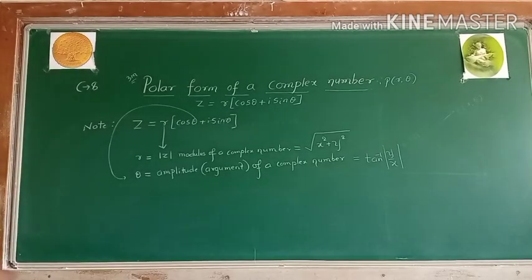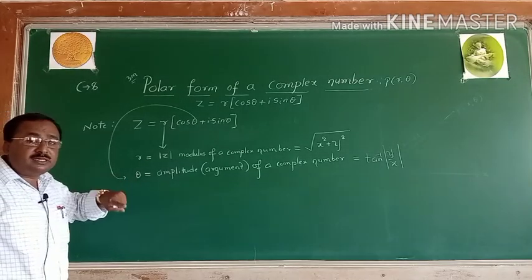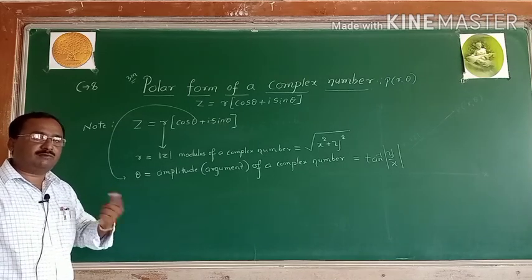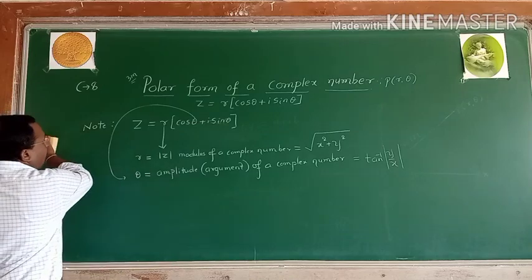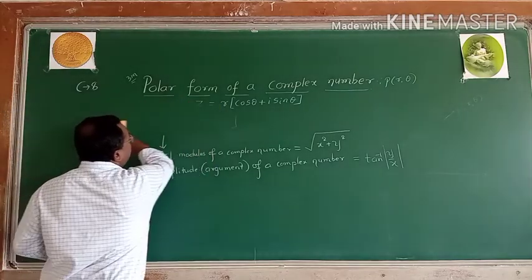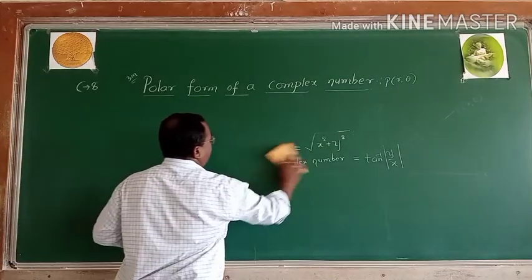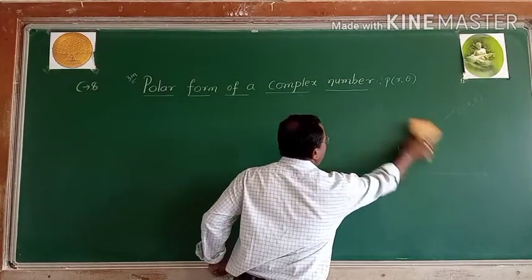Here this theta represents different quadrants: first quadrant, second quadrant, third quadrant, fourth quadrant. Suppose theta is in different quadrants.